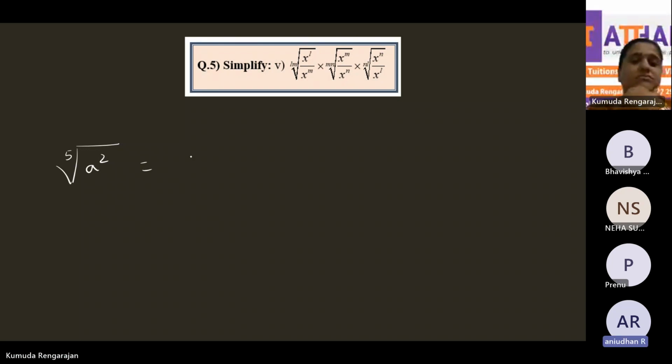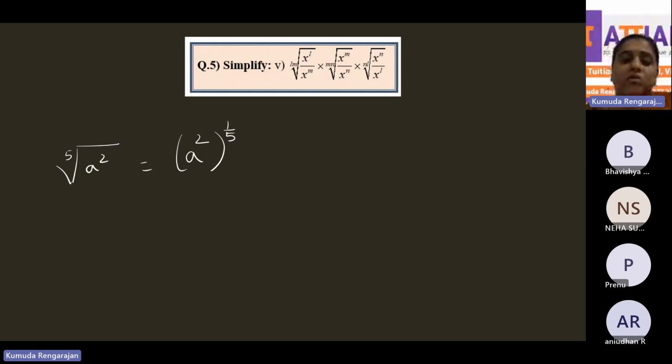Ma'am, a to the power of 2, whole to the power of 1 by 5. 1 by 5 or 5? 1 by 5, ma'am. No, you shouldn't have had the doubt. Okay, thank you, Aniruddhan.